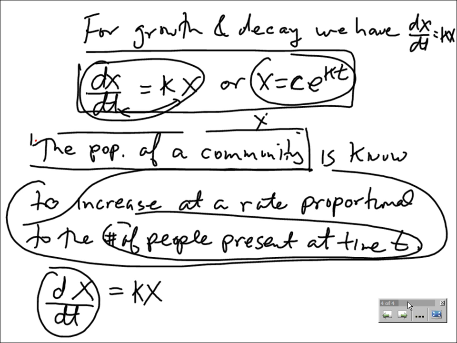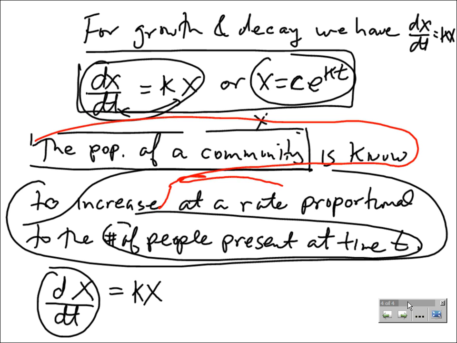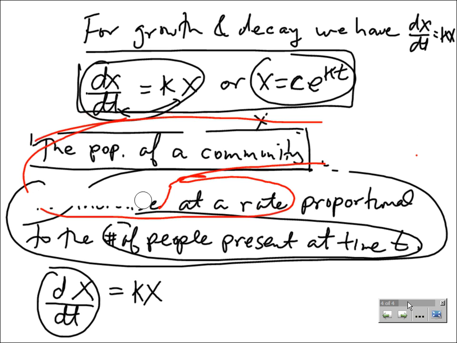So, the population of the community increases at a rate. Now, when it says is known to, we can get rid of that. The population of a community increases at a rate.